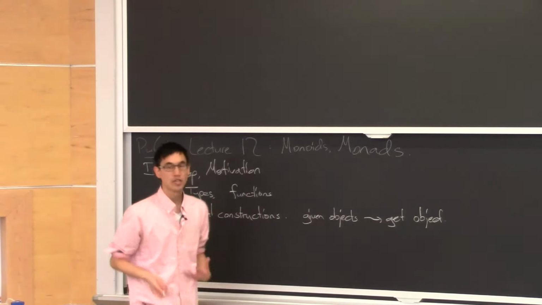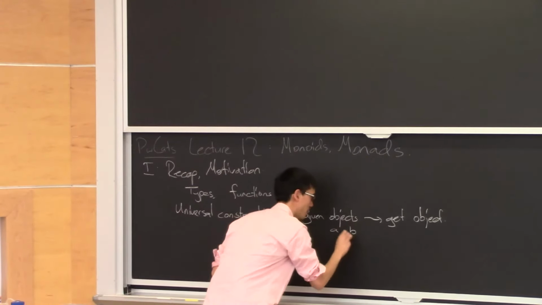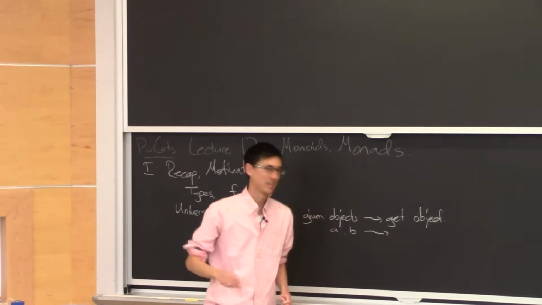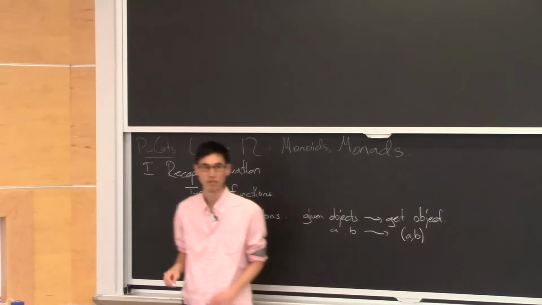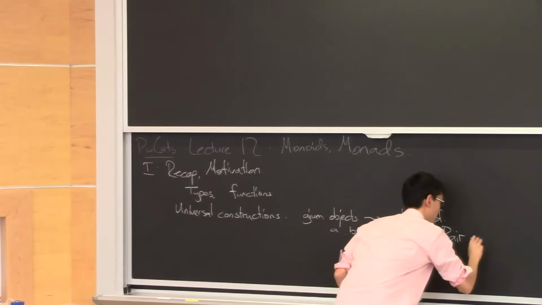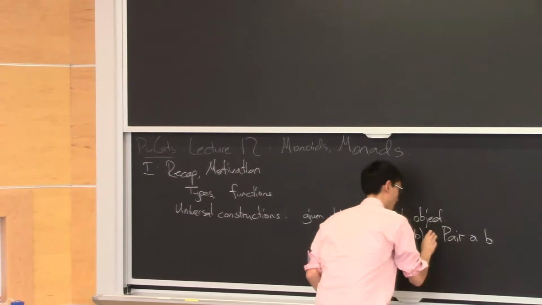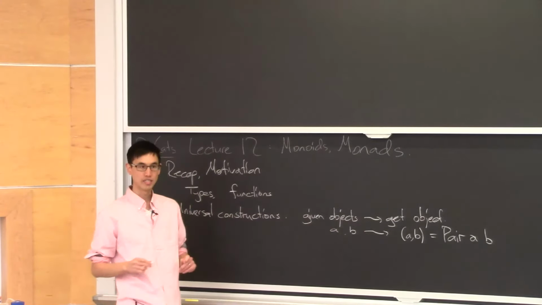So for example, there was this notion of a product type. We take two types, A and B, and they turn into, the built-in syntax is just the pair type, but we also wrote explicitly this pair type, Pair A B, right? So given objects, we get a new object.